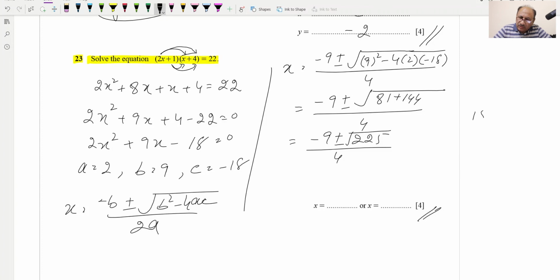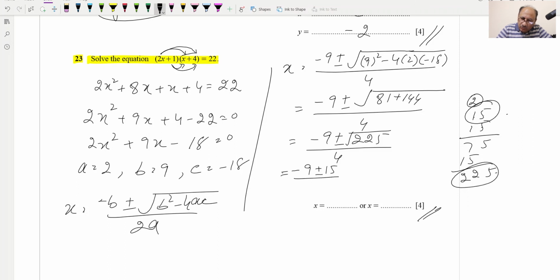We can write it like, for example, 15 into 15 will be 225. So it will be 15 squared. So we can rewrite it as minus 9 plus minus 15 over 4.